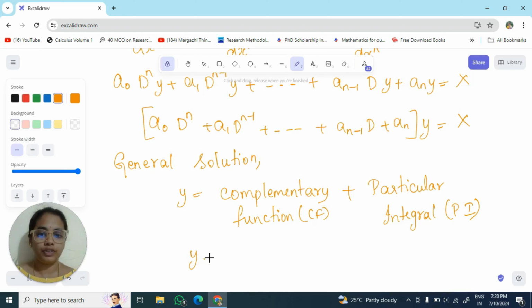In short we usually write y is nothing but CF plus PI.